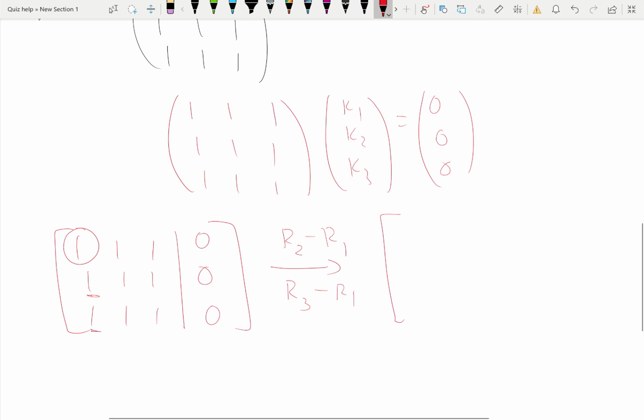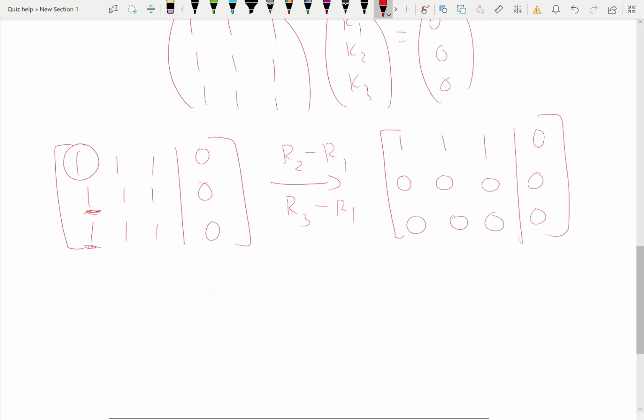So I do it fast, because you get 0, 0 here. So with one step of Gaussian elimination, we get everything.